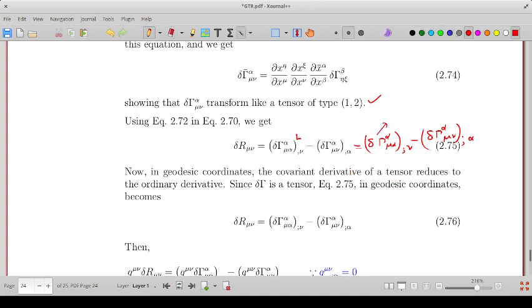Now, this object is a tensor, as we have just seen from this equation. This is also a tensor. The covariant derivative of a tensor is also a tensor. Therefore, this is a tensor and this is a tensor, and both are of the same type, and therefore the difference is also a tensor.